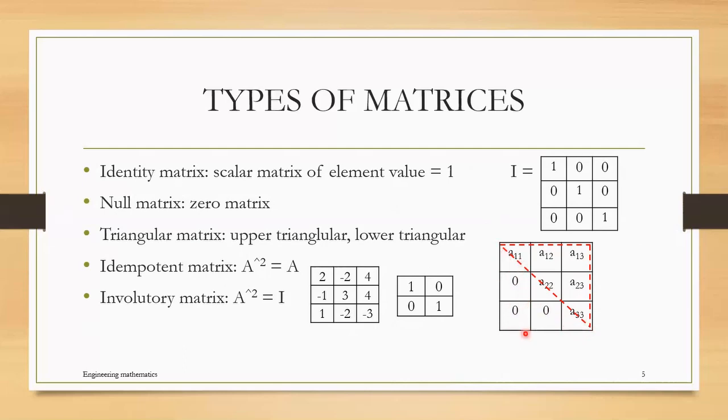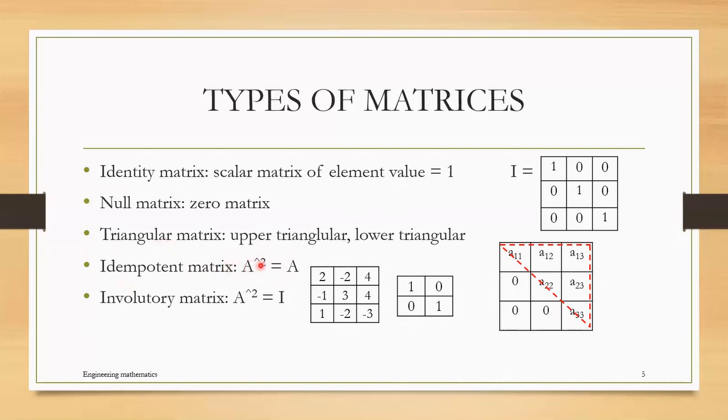Okay, lower triangular matrix. Next type we have is the idempotent matrix, in which the condition is that the product of two similar matrices gives us the same matrix. Then we call it an idempotent matrix.